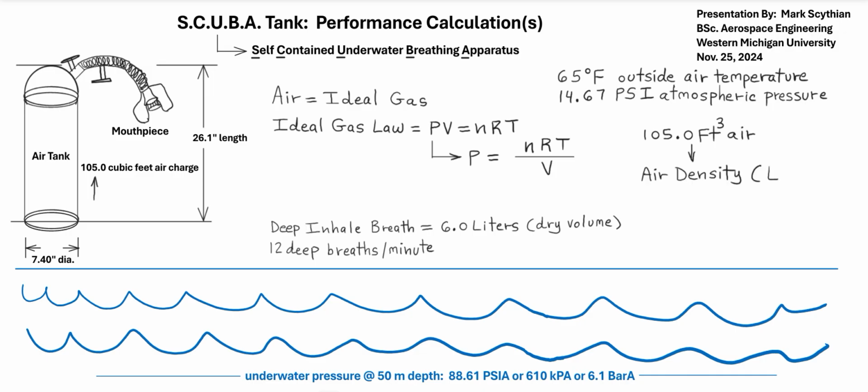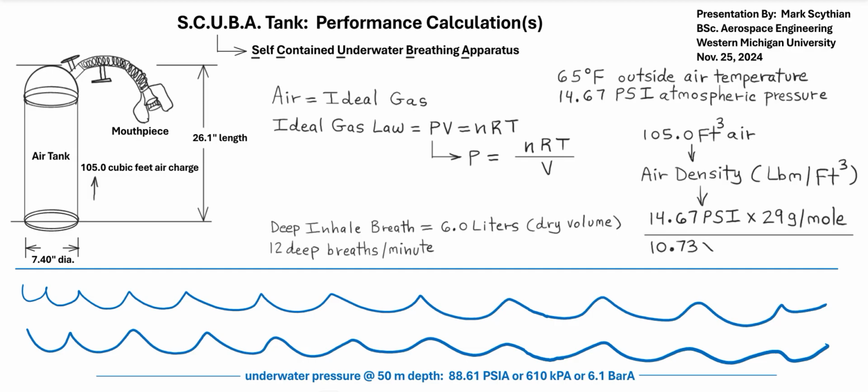Next, we take the 105 cubic feet of air and find out what the air density is at 65 degrees Fahrenheit outside air temperature at an atmospheric pressure of 14.67 psi.